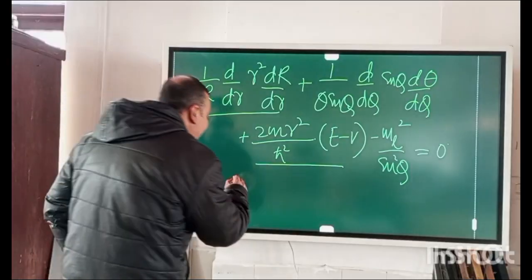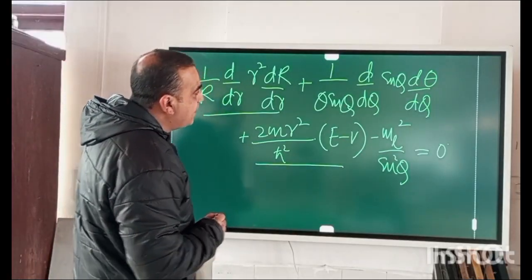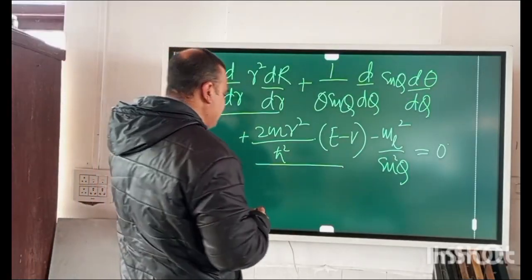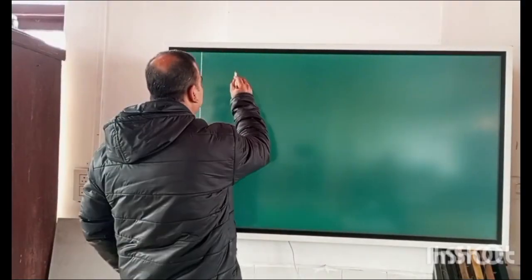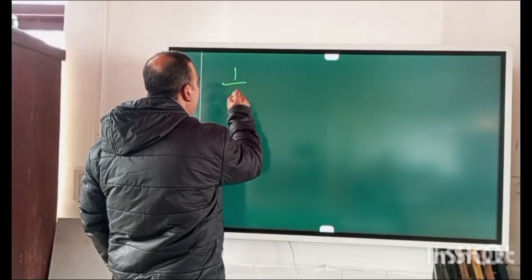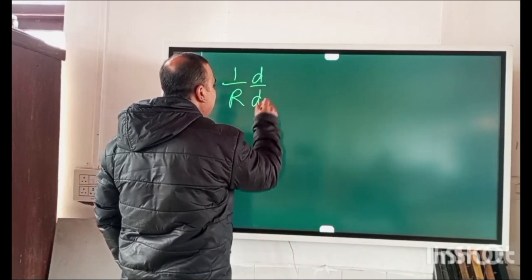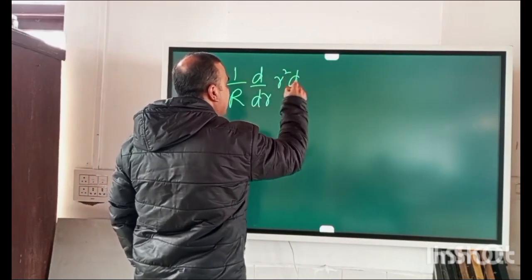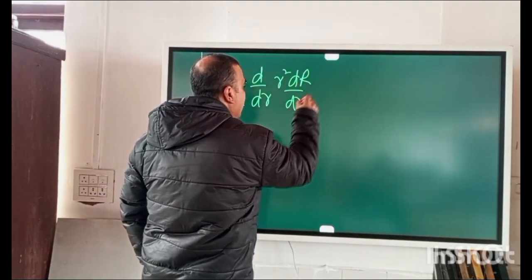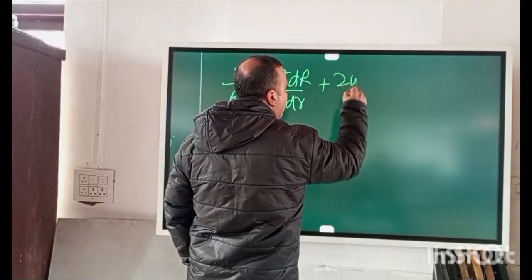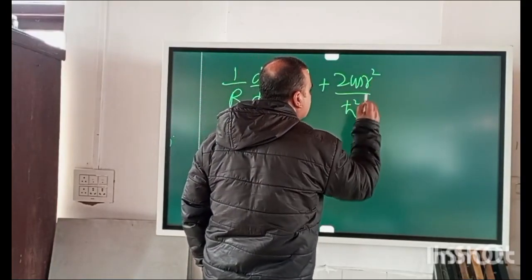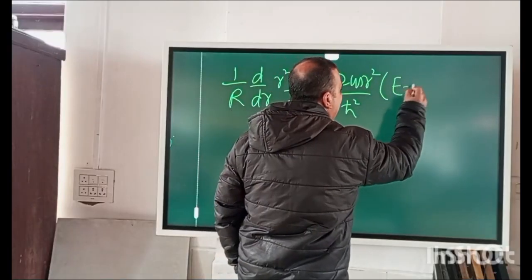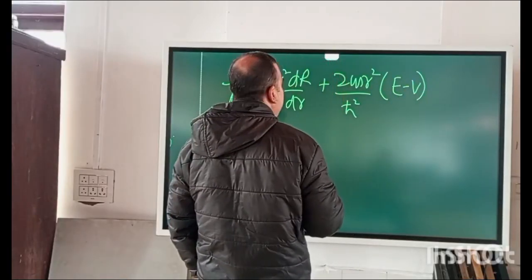So for the r part, I will just rearrange it now. This is 1/r² d/dr of (r² dR/dr) plus 2m r²/ħ² (E − V), okay?